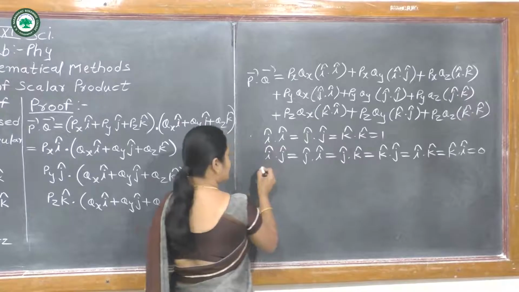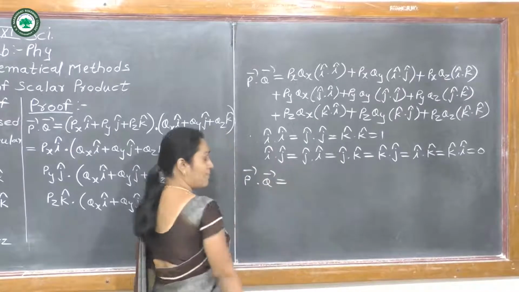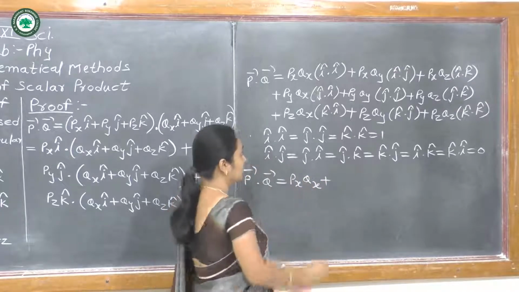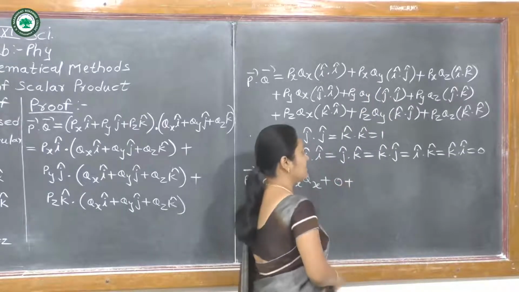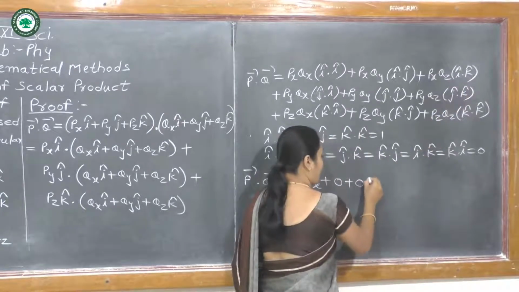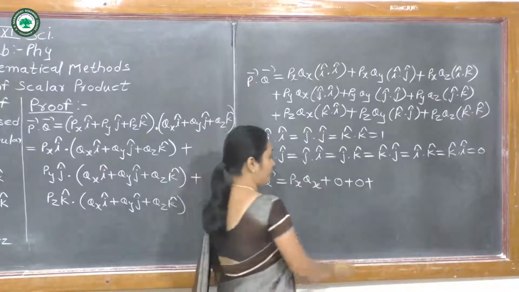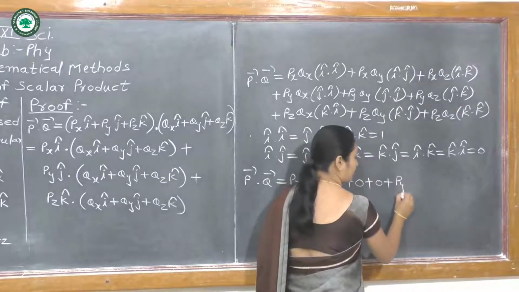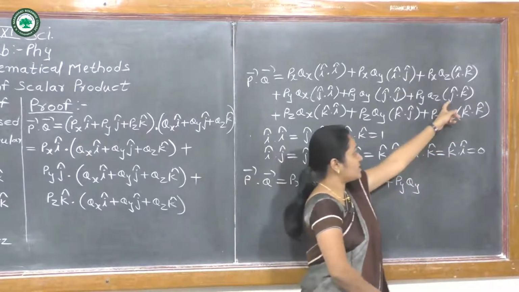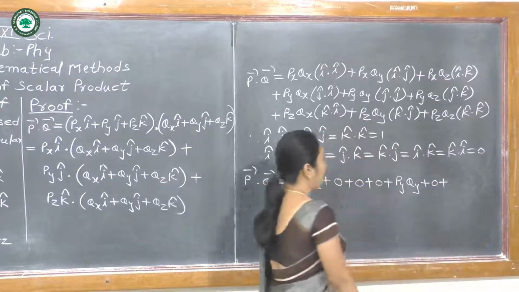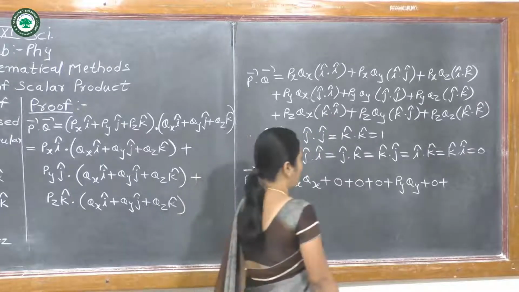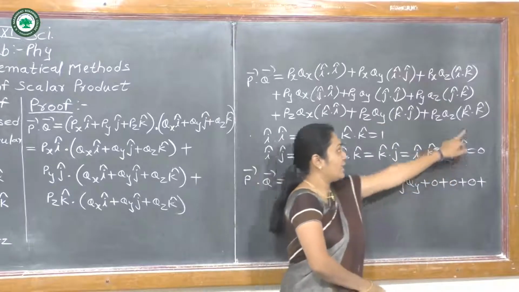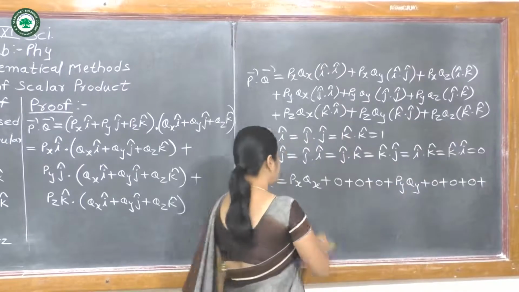So by substituting these values, we have p bar dot q bar equal to, this is 1, so we have Px Qx plus this is 0, plus i dot k is also 0, plus j dot i is 0, plus j dot j is 1, so we have Py Qy plus j dot k 0, plus k dot i is again 0, plus k dot j 0, plus k cap dot k cap is 1, so we have Pz Qz.